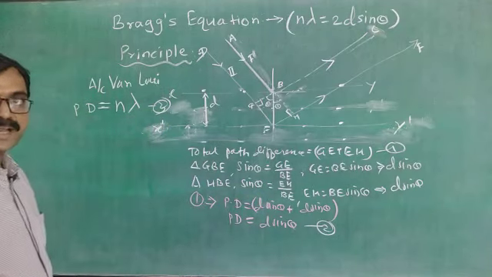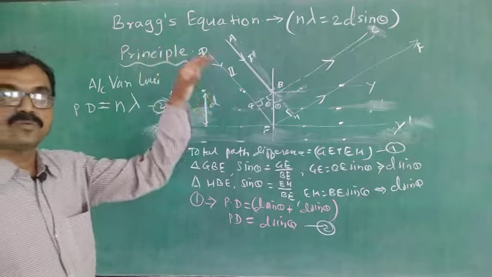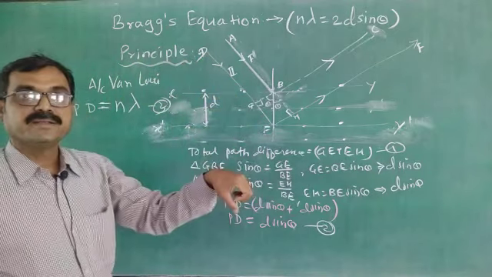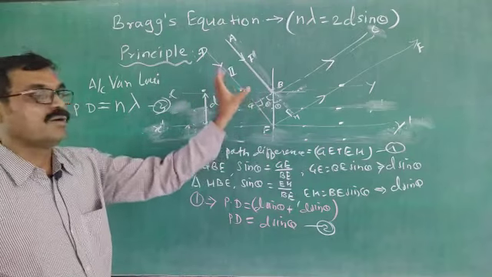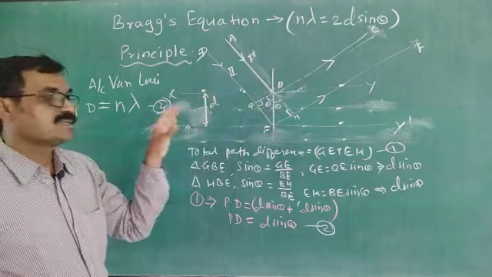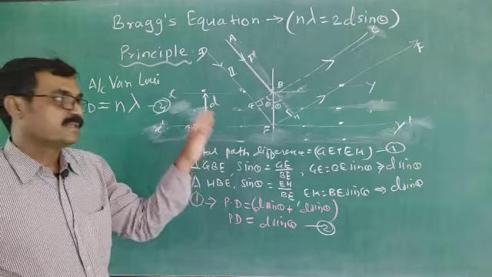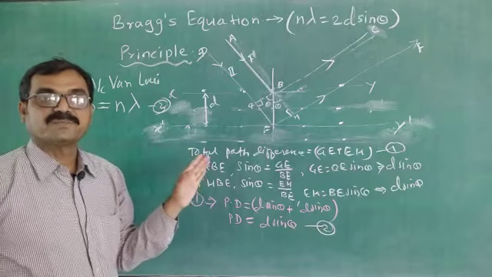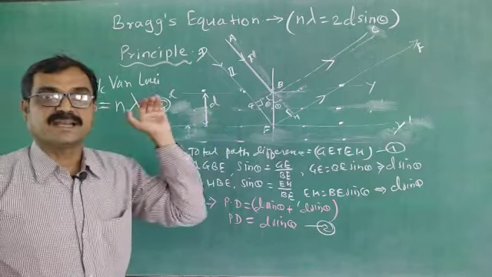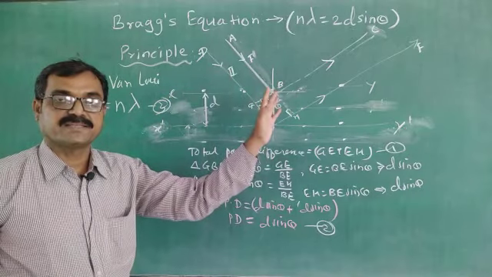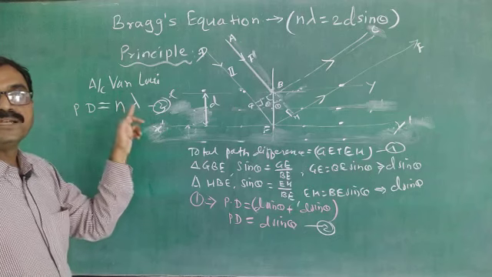His statement is that when monochromatic X-rays fall on a crystal in which the constituent atoms are arranged in an ordered form, with a fixed distance between constituent atoms as well as lattice planes, then the path difference between the incident X-rays and the diffracted or reflected X-rays is always an integral multiple of its wavelength.